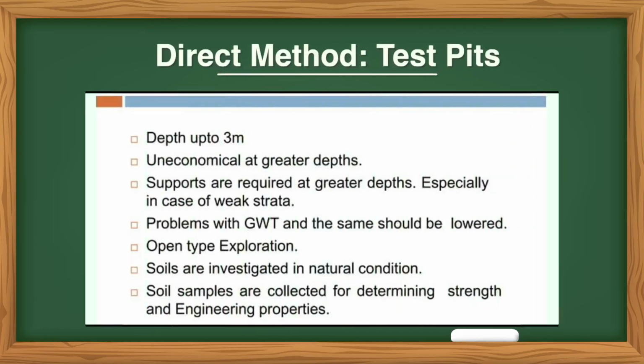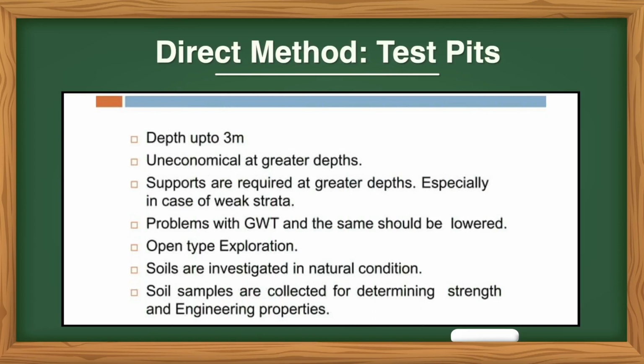In the direct method, test pitting is used up to a depth of 3 meters. It is uneconomical at greater depth, and supports are required at greater depth, especially in the case of weak strata. There is a problem with GWT and the same should be lowered.